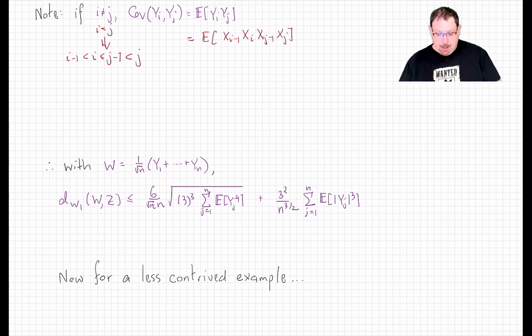Now, depending on how i and j sit relative to each other, we could have i equal to j minus 1, but no matter what, these four numbers, i minus 1, i, j minus 1, and j, contain at least three distinct numbers.